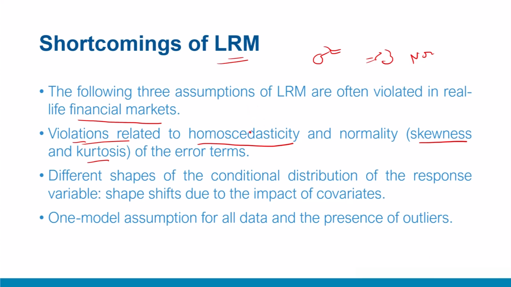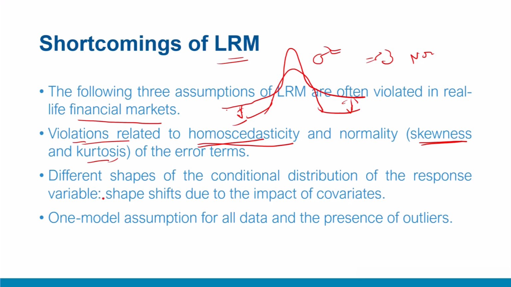However, in real life business scenarios, the data is not only heteroscedastic, it's sometimes skewed, and also it has kurtosis. Kurtosis means excess peakedness and fat tails. So if your data has fatter tails as compared to the normal distribution and a higher peak, that is kurtosis. Also, there are different shapes of the conditional distribution of response variables.